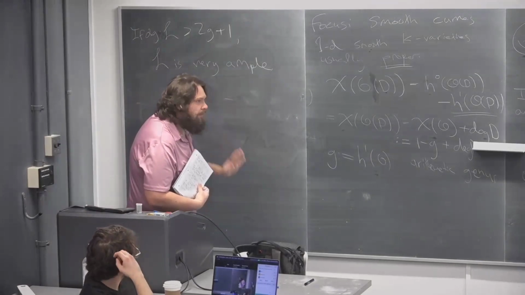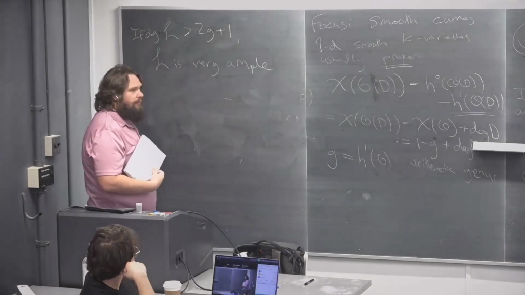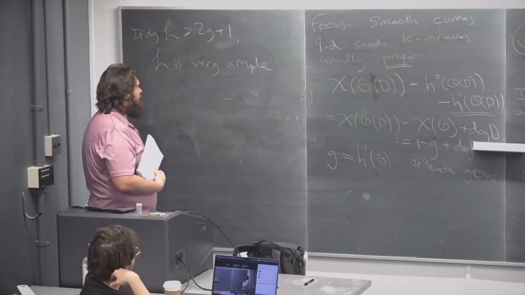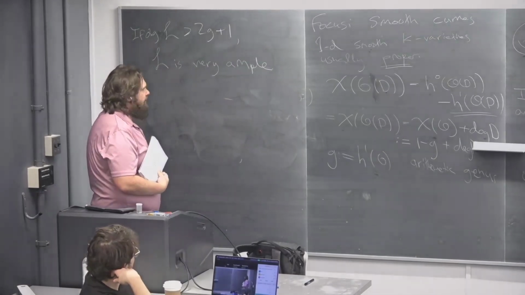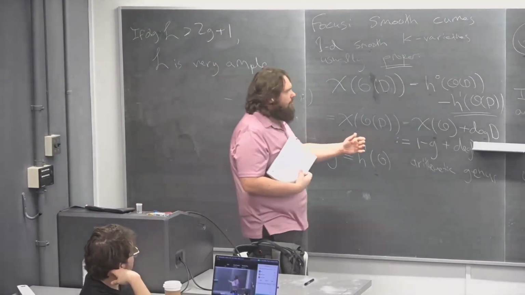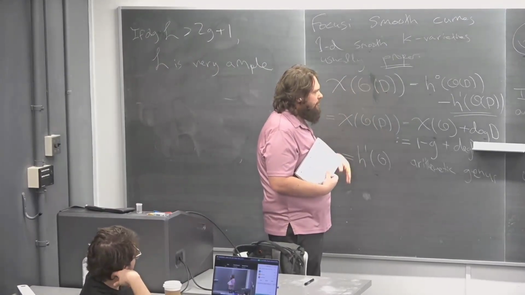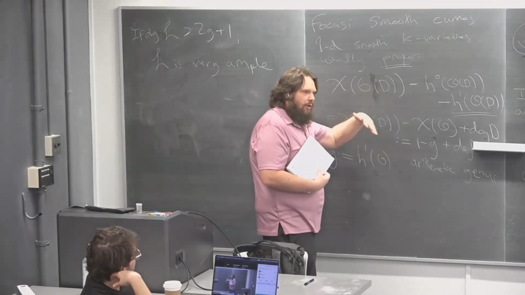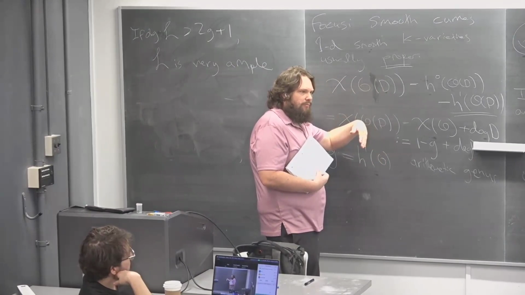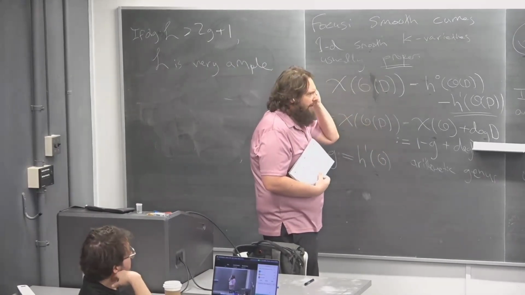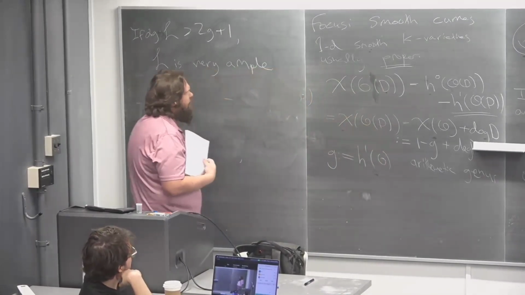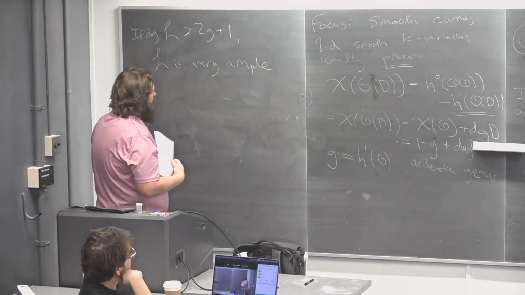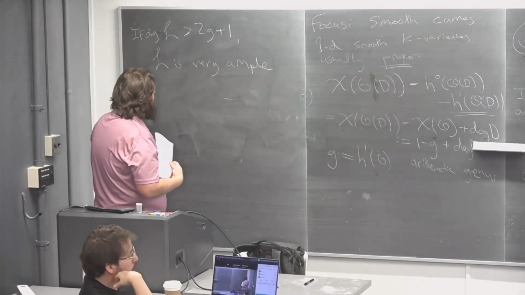Hmm? No, it's not if and only if, because I would have things with lower degree that already have vanishing cohomology. I think I can even have very ample things that have non-trivial cohomology, but I'm not absolutely sure about that.